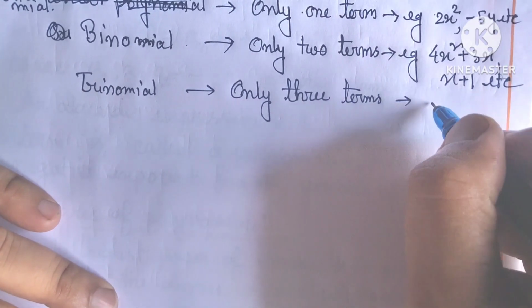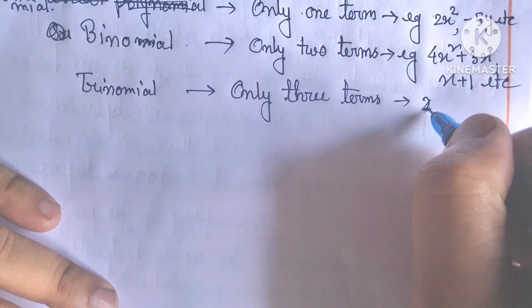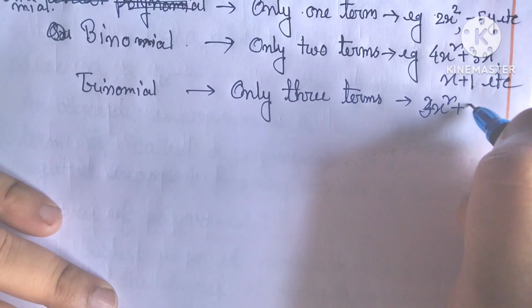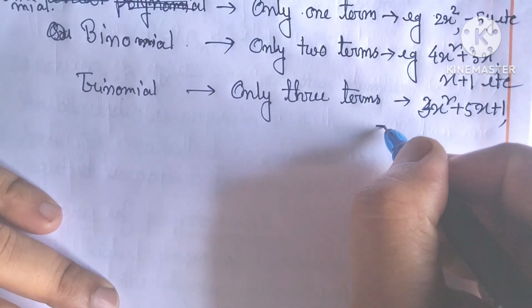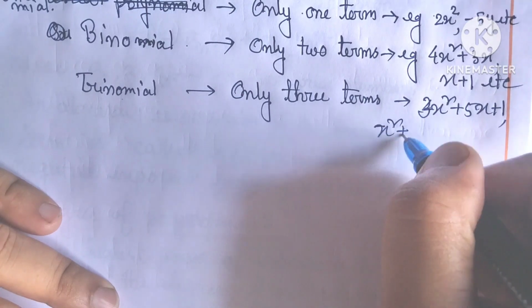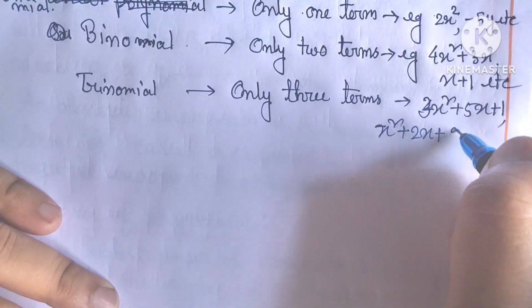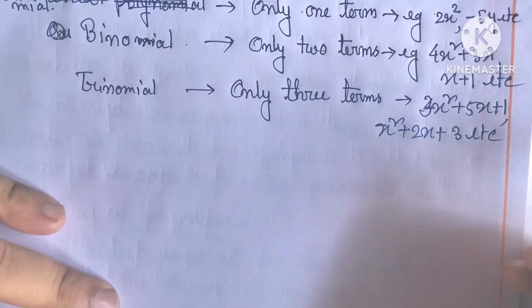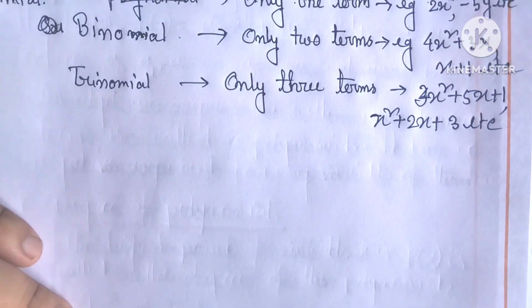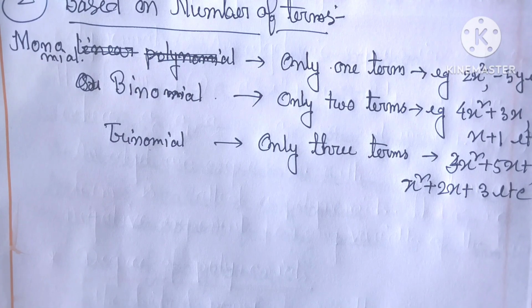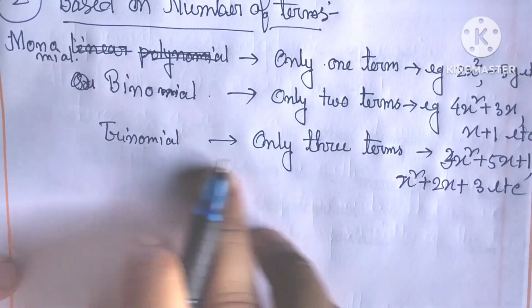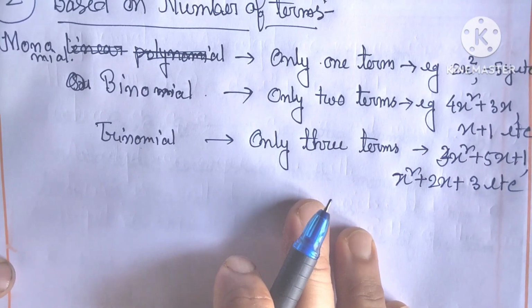For example, 3x square plus 5x plus 1 and minus x square plus 2x plus 3, etc. All are trinomials. So monomial means only 1 term, binomial means 2 terms, and trinomial means 3 terms.